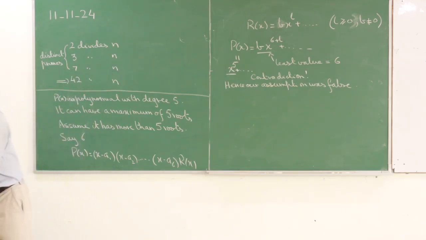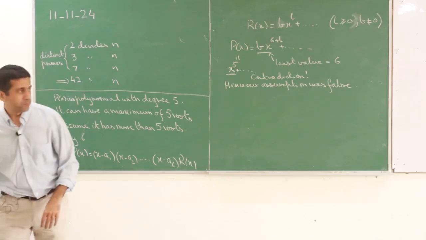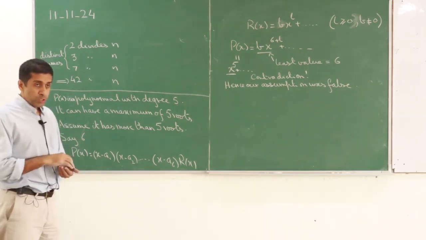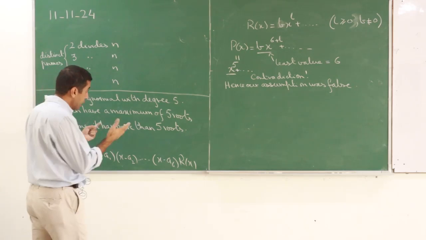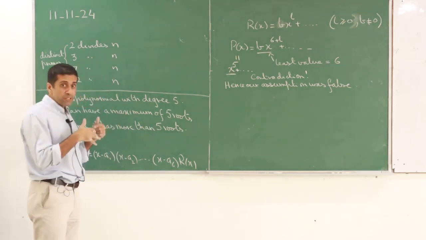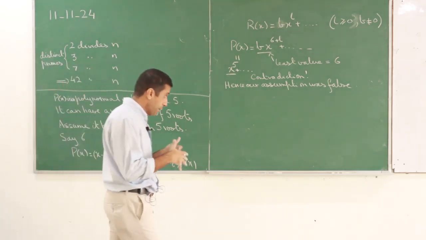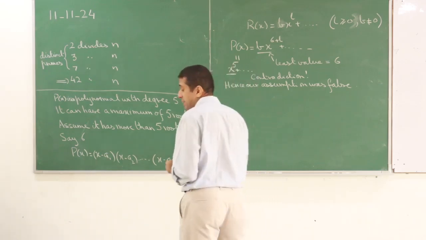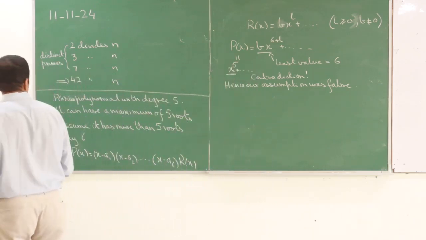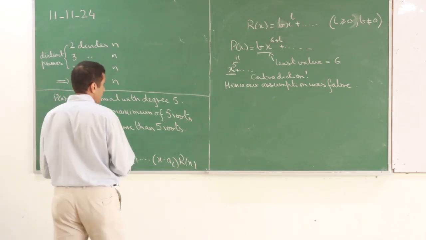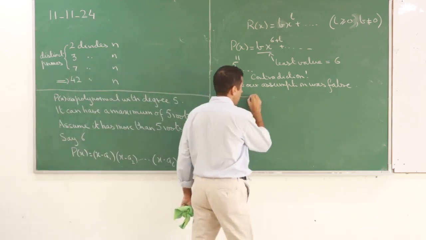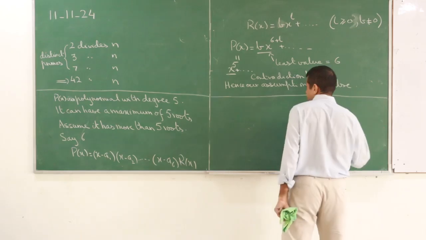Just one last thing and then we're going to stop. So this basic idea that if you have a degree n polynomial, the maximum number of roots that it can have is n. And now I'm just going to use that idea in a very simple way. Before I begin, let me ask you a question.